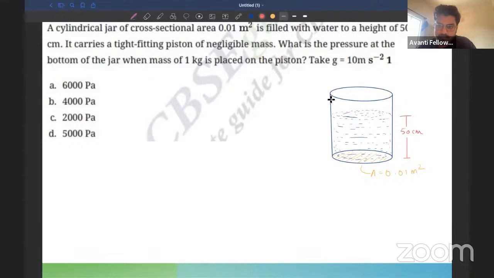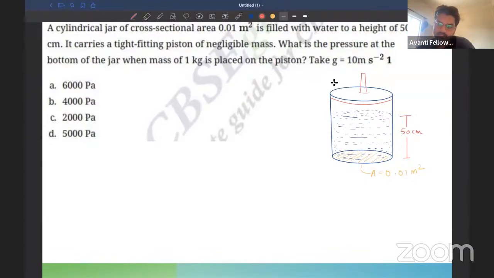So let's say this is itself the piston. Okay, so this is the piston. It is tight fitted.